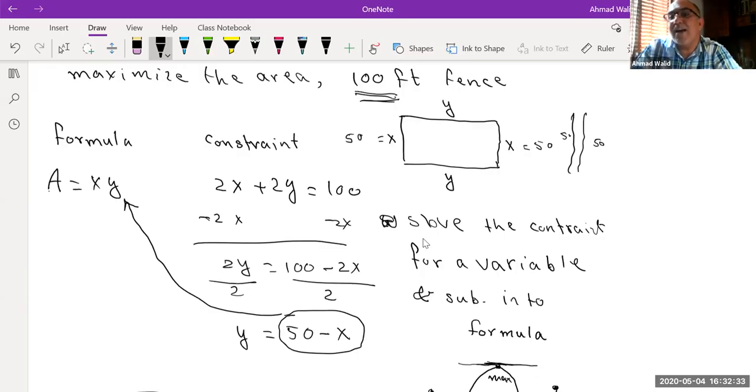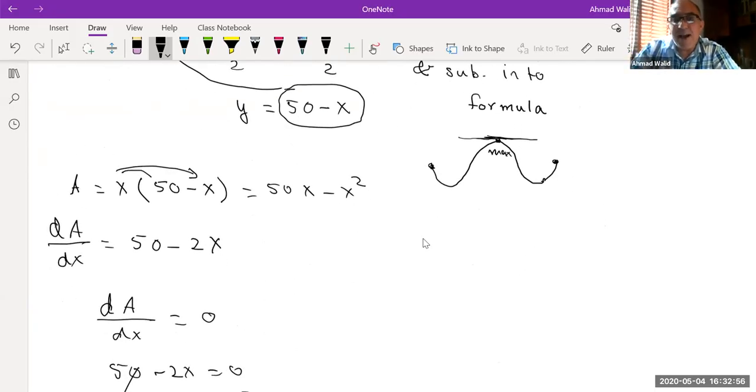How much is the area if I use 50-50 on these two sides? Y will be 0, right? How much will be my area? 0, right? Or I can use for x 0. 0 feet this side, 0 feet this side, 50 here, 50 here.